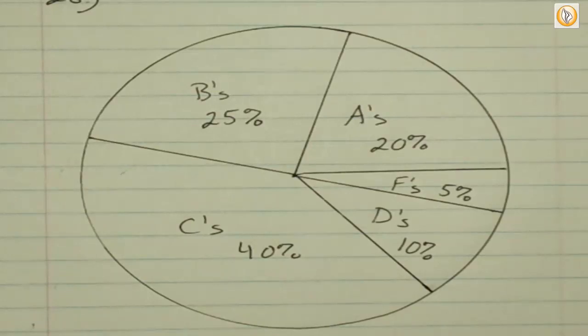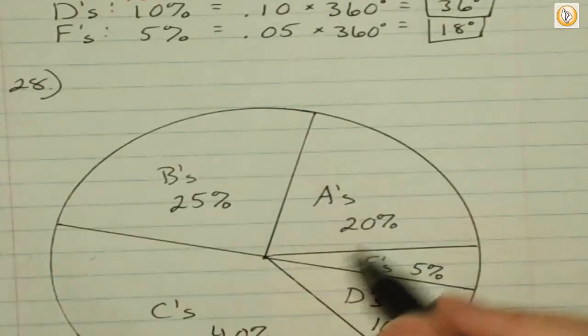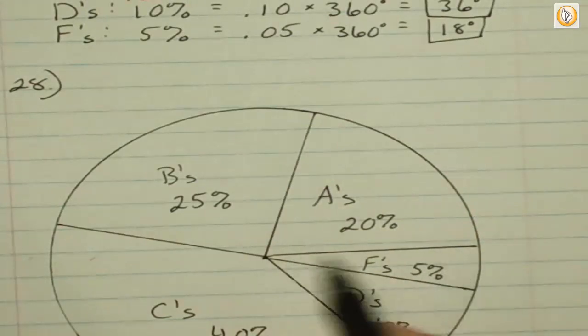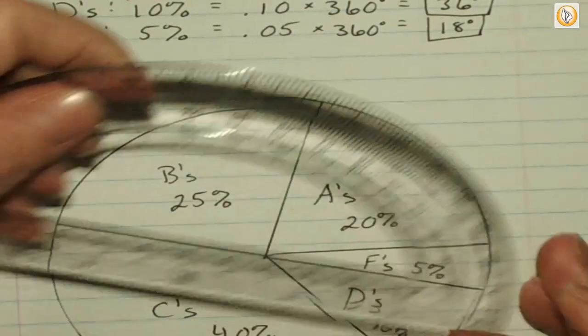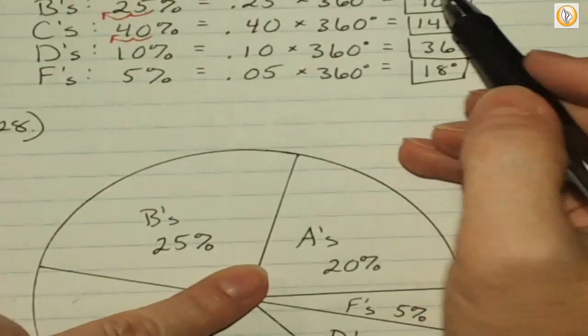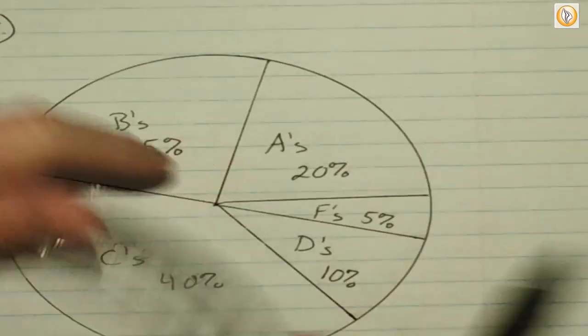Any questions on this before I set you free? None? Raise your hand and say, I have a question. Yes? Okay, so you draw the radius first, right? I drew this first. So I did A's first. It's 72 degrees.